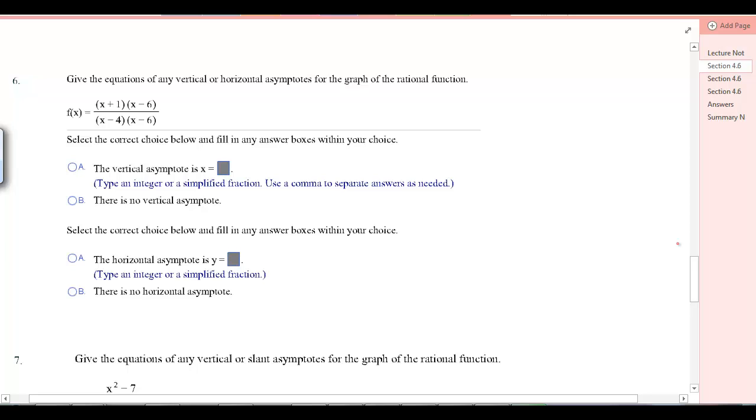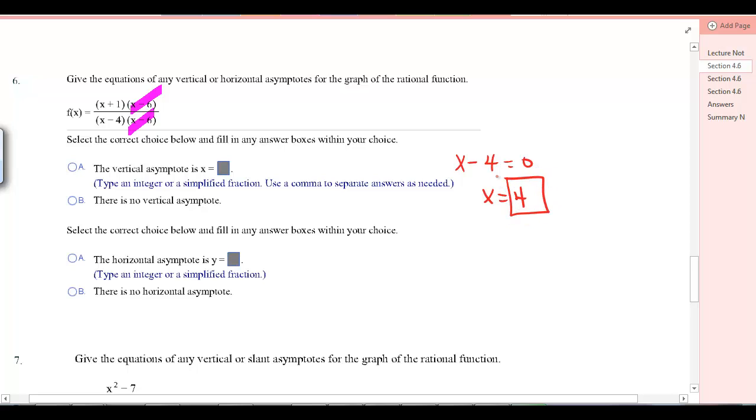Vertical and horizontal asymptotes. Now, before we fill those in, if there is something that you could cancel out, you do that before you list the vertical asymptotes. So now the only vertical asymptote is x minus 4 equals 0, so x equals 4.